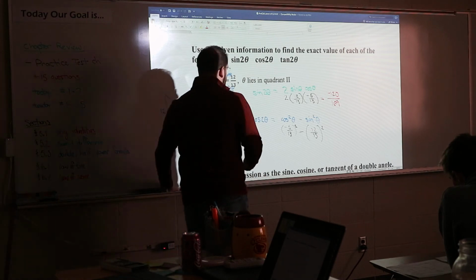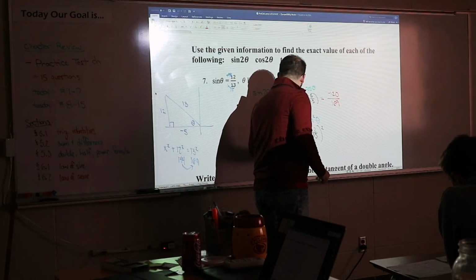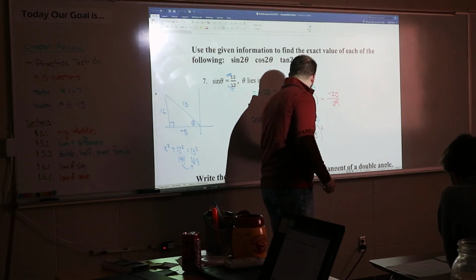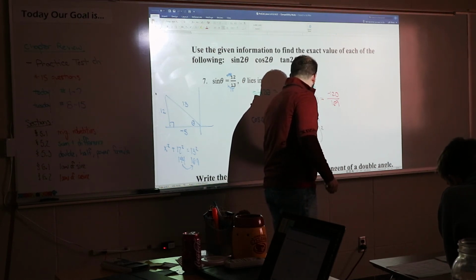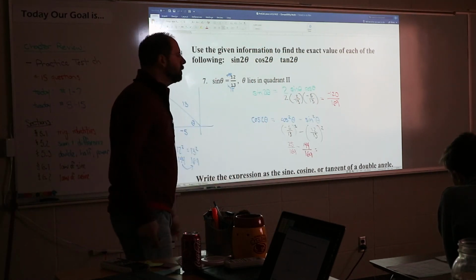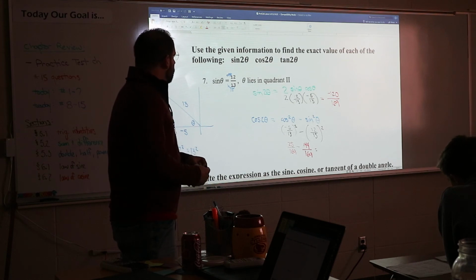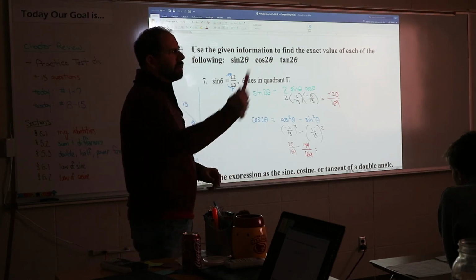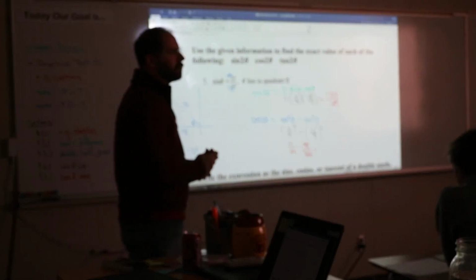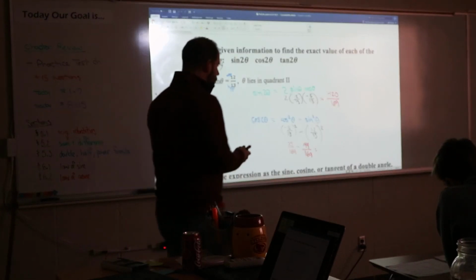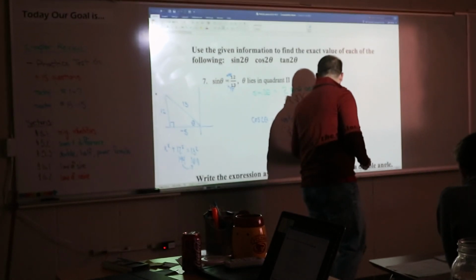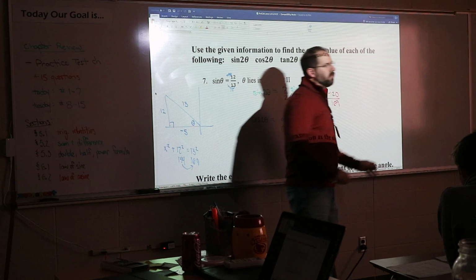So if I square these, I get 25 over 169 minus 144 over 169, and I can subtract it across. And I'll get a negative number, which is fine. Oh, that should be -25? No, because when you square it, it's positive. It'll be negative in the end. It's -119 over 169. Boom, done.